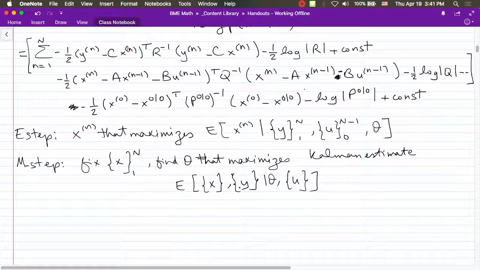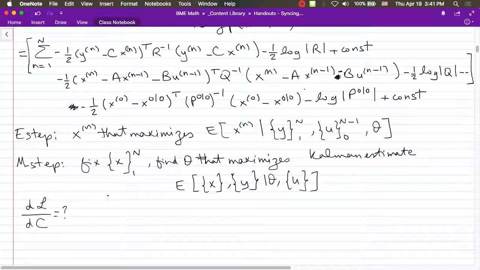So I'm going to do it for a couple of the variables. Start with the variable C, this matrix C. We want to find this matrix C. So we're going to find the derivative of our complete log likelihood with respect to the matrix C. That's what we're interested in.